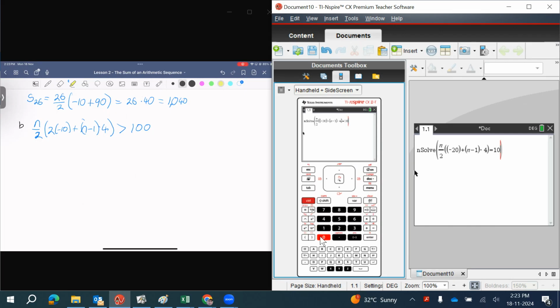Needs to be equal to 100. We solve for n.